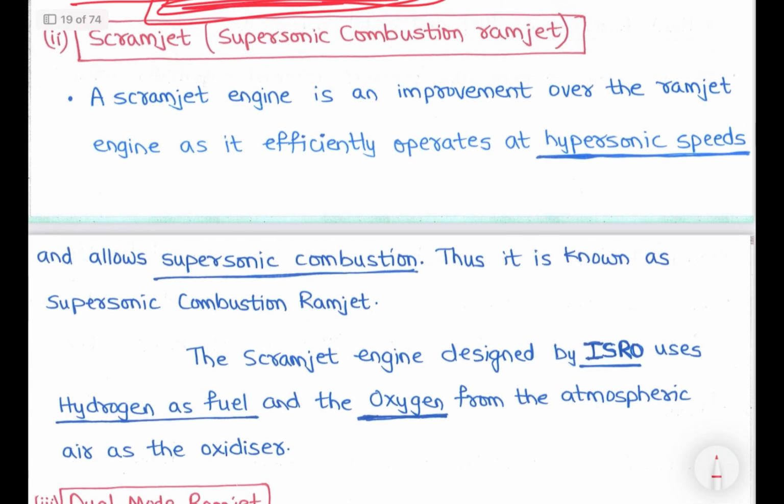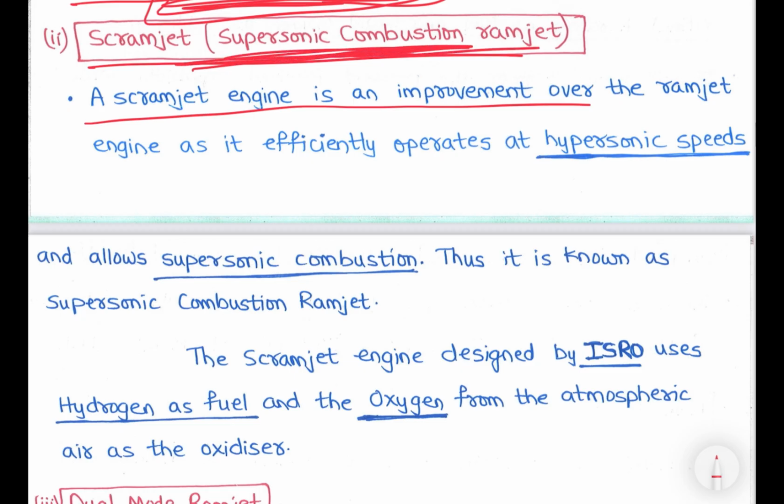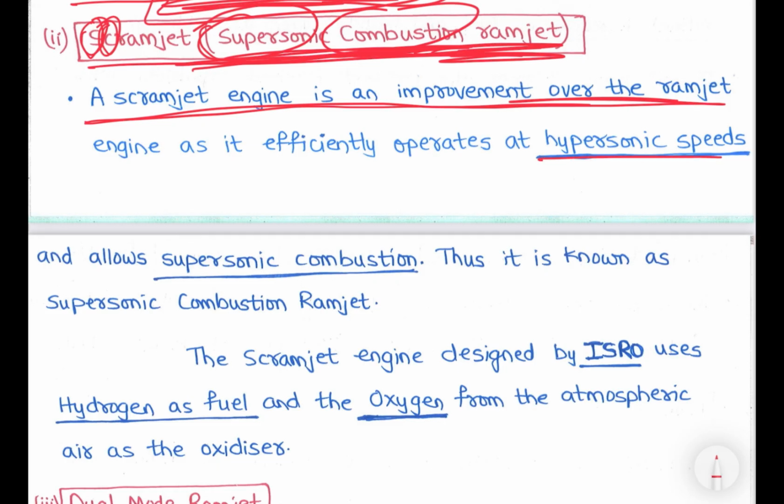Then scramjet engine is an improvement. Scramjet is supersonic combustion ramjet, right. Scramjet is SC, supersonic combustion ramjet, is an improvement over ramjet engine as it efficiently operates at hypersonic speeds, right. हाइपरसोनिक स्पीड्स में काम कर सकती है एंड allows supersonic combustion at hypersonic speeds.